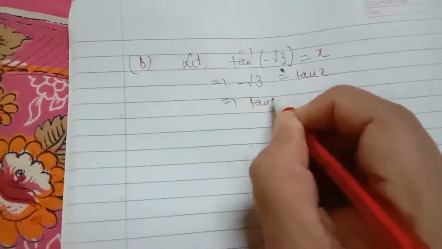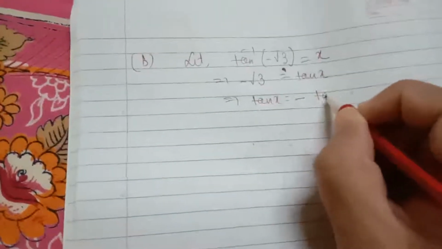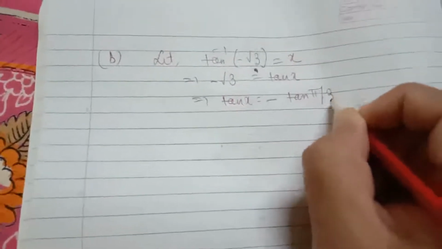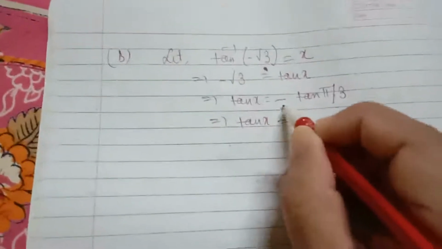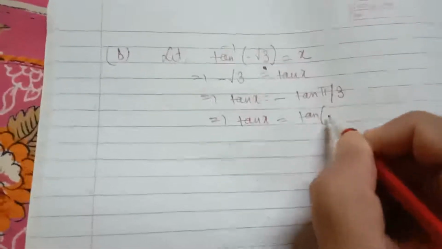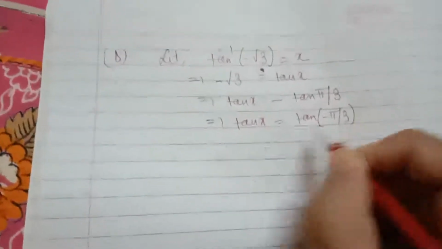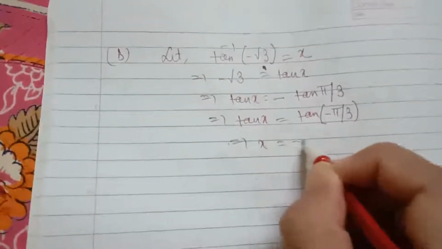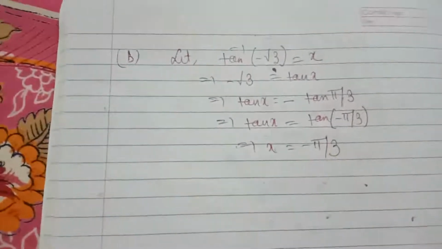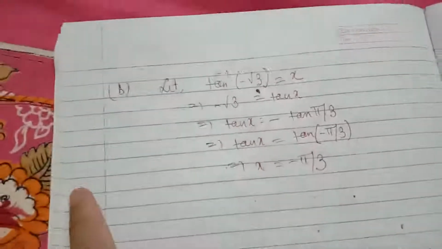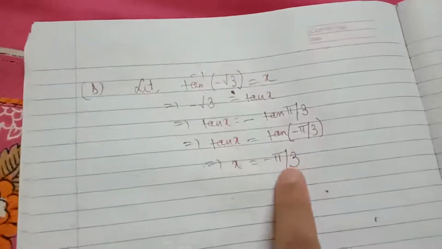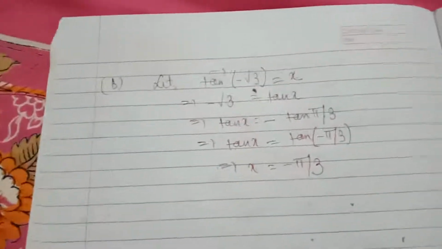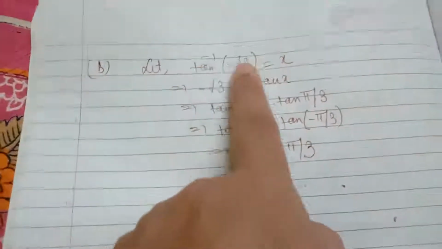Tan of x equal to minus root 3 means tan pi by 3, so you insert the minus sign: tan of x equal to tan of minus pi by 3, and x equal to minus pi by 3. The range of tan inverse is minus pi by 2 to plus pi by 2, minus 90 degree to plus 90 degree, and minus 60 lies in this range. So this is the value of tan inverse of minus root 3.